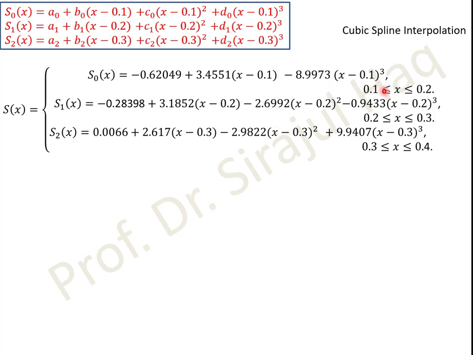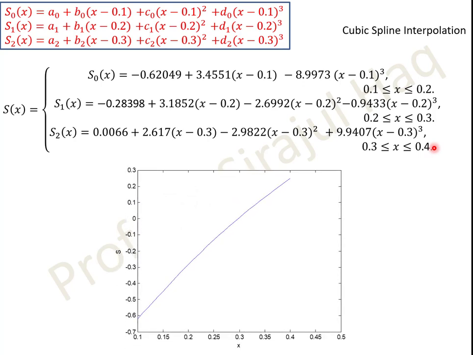Now, if I plot S0 between 0.1 and 0.2, hold on the figure, plot S1 between 0.2 and 0.3, and plot S2 between 0.3 and 0.4, you will see that you are getting this smooth and continuous curve. So you can see it starting from 0.1 and reaching up to 0.4. You can see that this is the curve which you are getting from this spline, and this is a continuous curve.